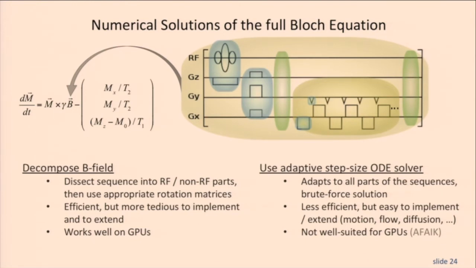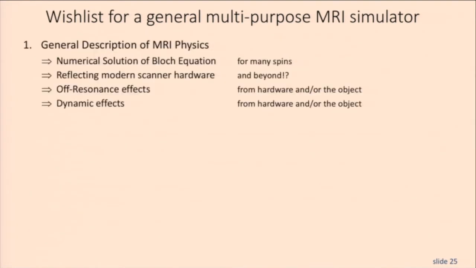which is in many ways more efficient, but much more difficult to generalize. And the approach we were taking is to try to do something which is really very general and multi-purpose. So we wanted to come up with a simulator which basically gives the most general description of the physics.